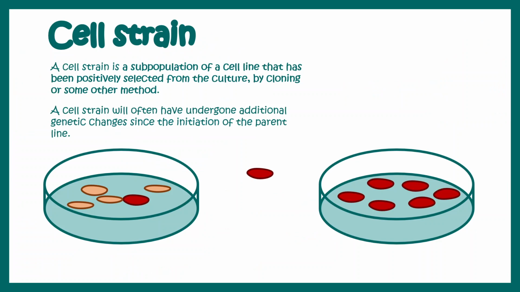So, moral of the story, cell strain is one subset of a cell line, and they are selected based on specific characteristics. Cell strain will often undergo additional genetic changes compared to the parent cell line. So, the take home message is the cell strain is one kind of subset of a cell line.